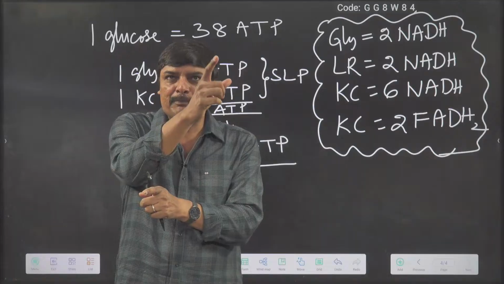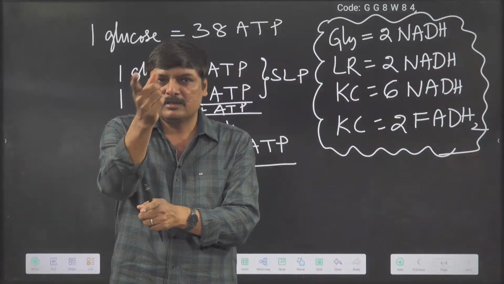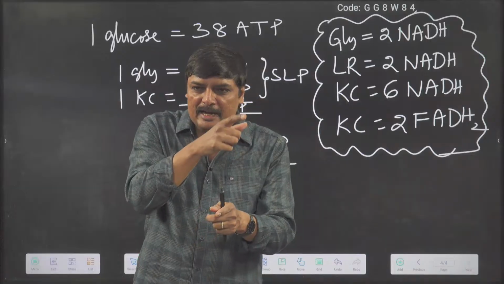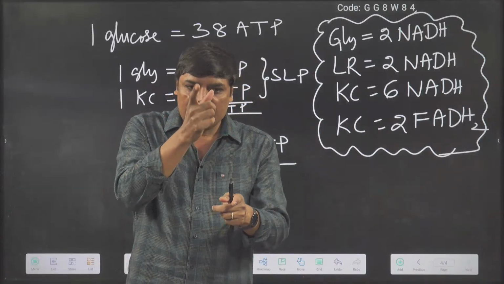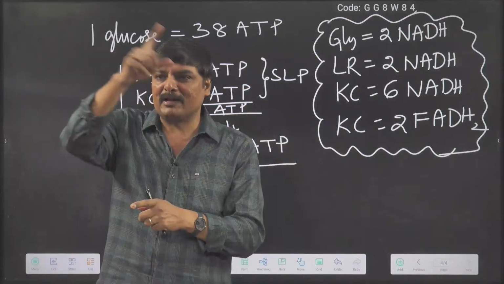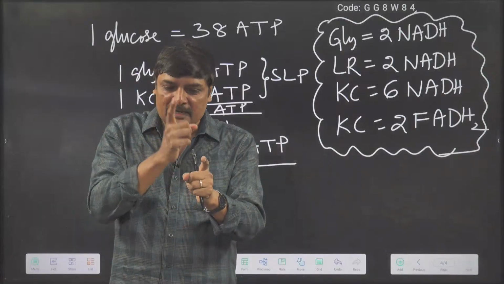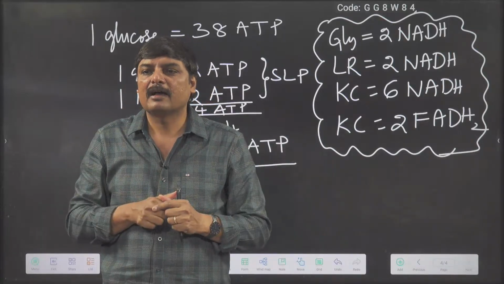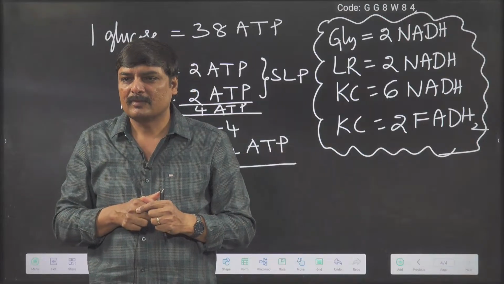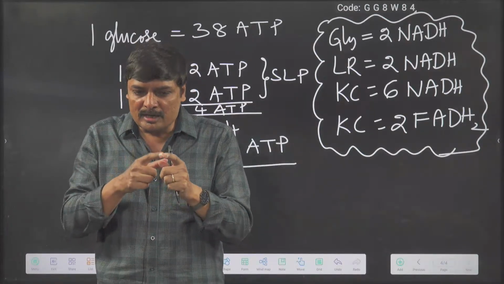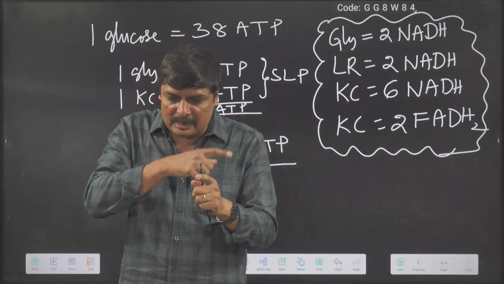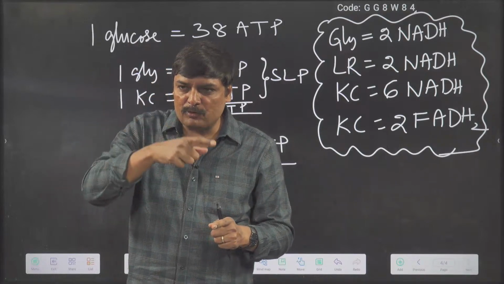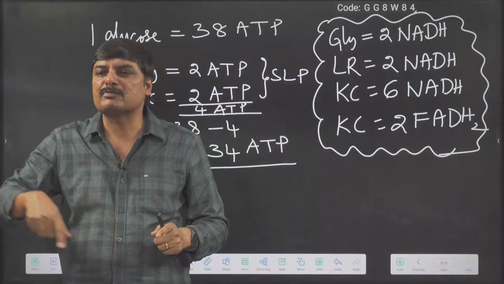So NAD plus becomes NADH in glycolysis, link reaction, Krebs cycle, and NADH becomes NAD plus in the ETS. So in order to continue the cycle uninterruptedly, all these 4 steps must occur in a continuous manner.